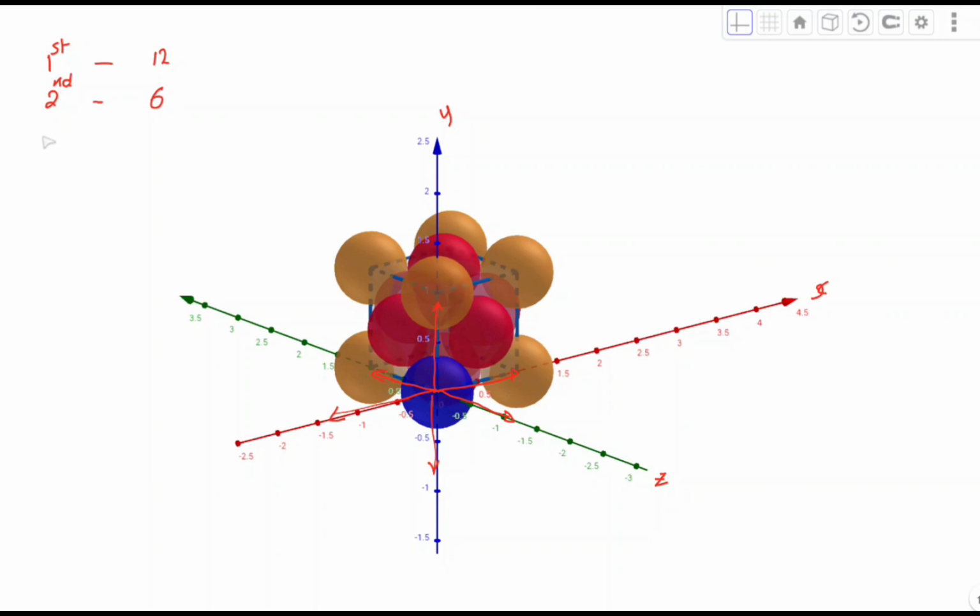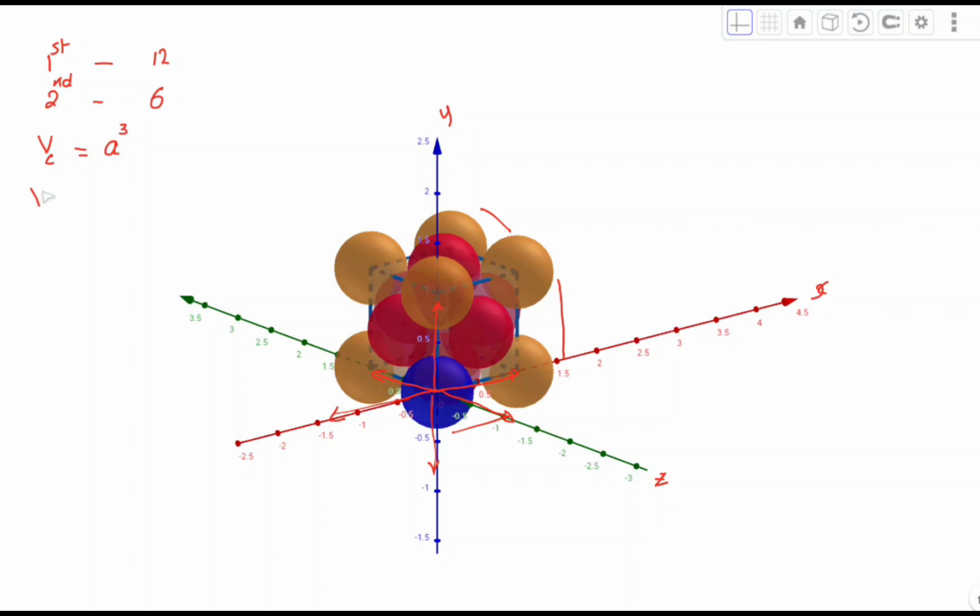Now let's find out the volume of the conventional cell. It's a cubic system. So if this is A, and this is A, and this is A as well, in this case it's equal to A cube.